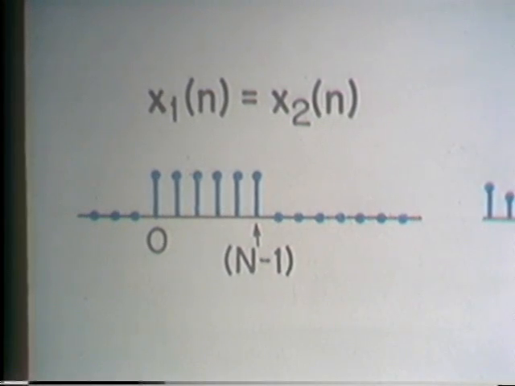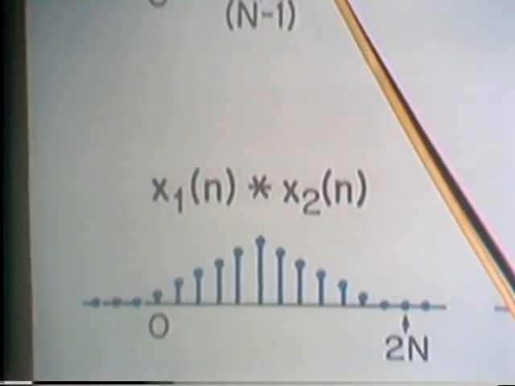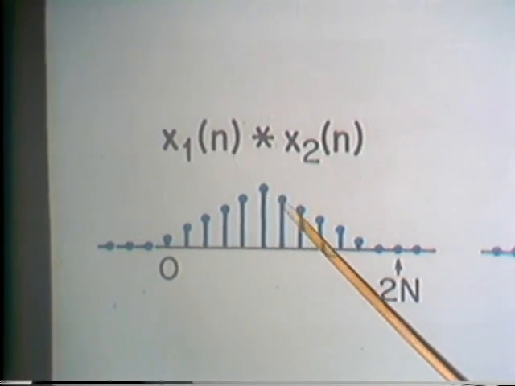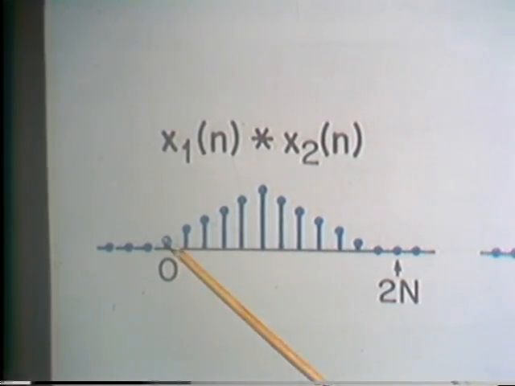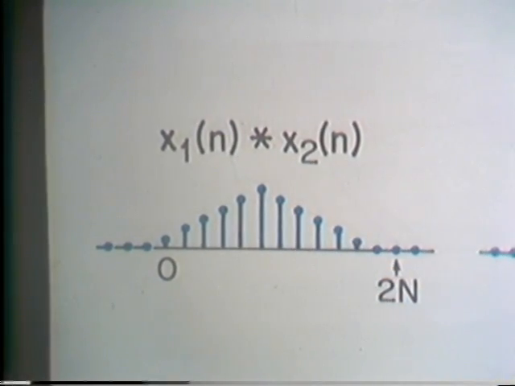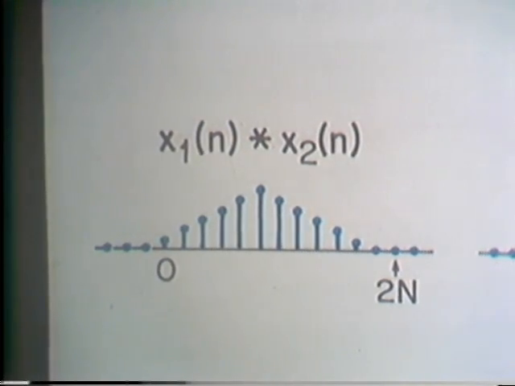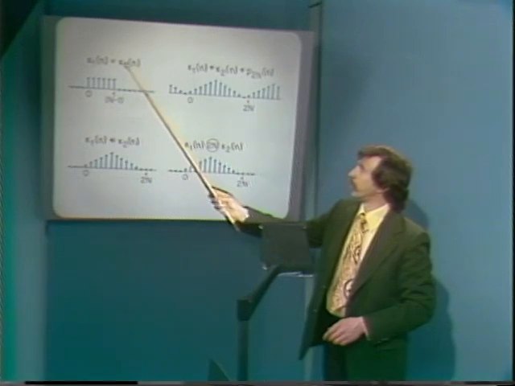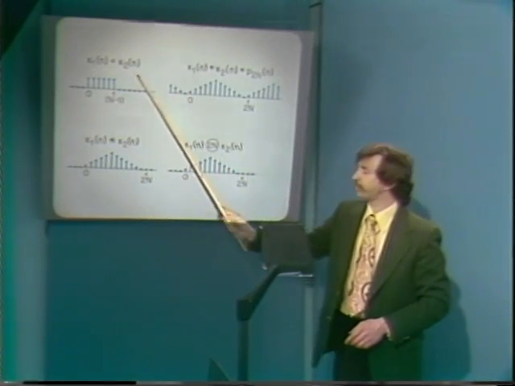Again, of course, we have the linear convolution of these two as a triangle, which is what I've denoted here. And now let's look not at the N-point circular convolution, but at the 2N-point circular convolution of x1[n] with x2[n].